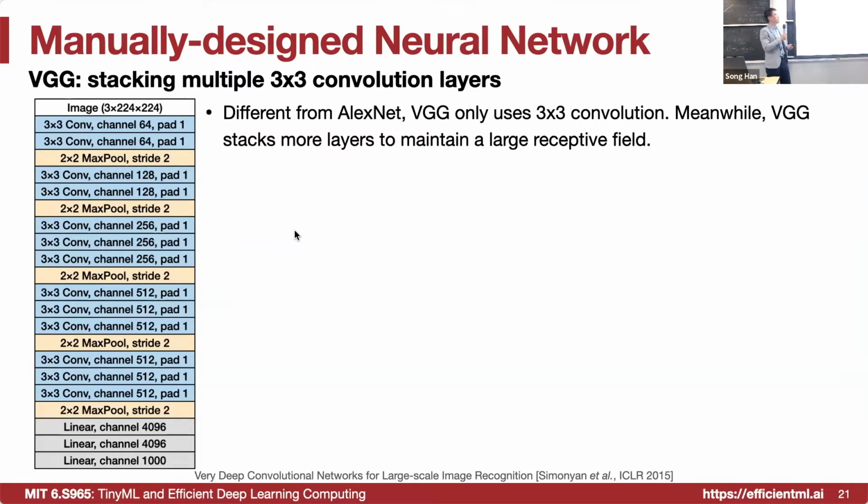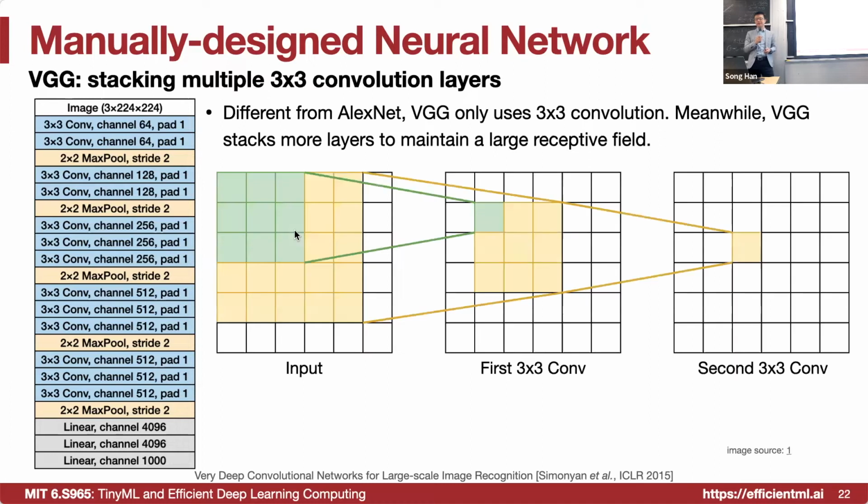Okay, so VGG adopts only 3x3 convolution. Okay, so it doesn't have 5x5, with the principle that if you have two 3x3 convolutions, what is the receptive field? From two consecutive 3x3 convolutions, you have a receptive field of 5, right?